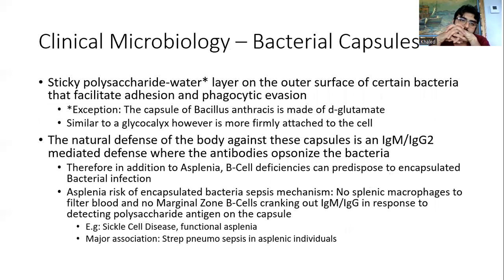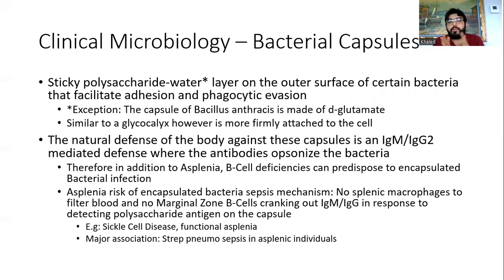So why do we run into polysaccharide antigen? That's because many bacteria have something called a capsule. Capsule is basically a complex of water and sugar, and it slime coats almost the outer cell wall of the bacteria. It's a virulence factor.